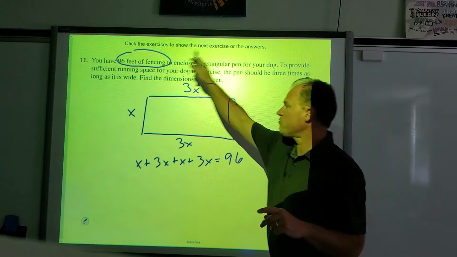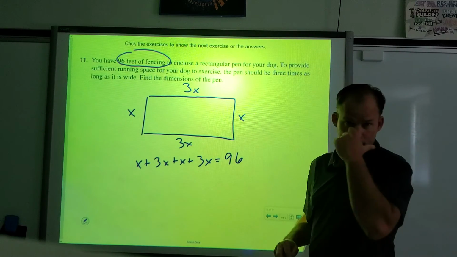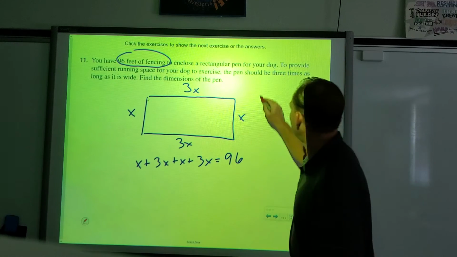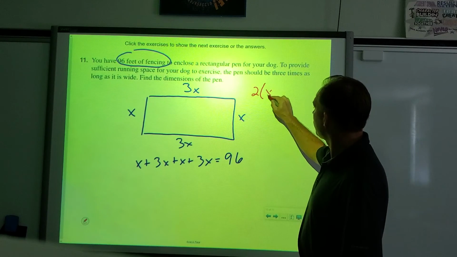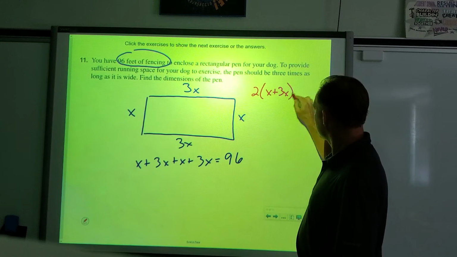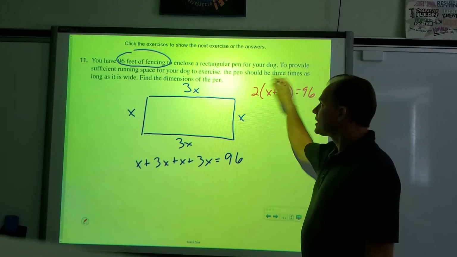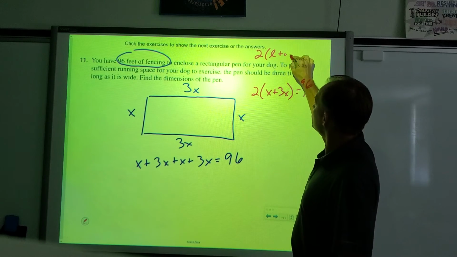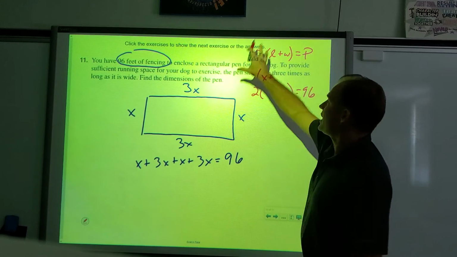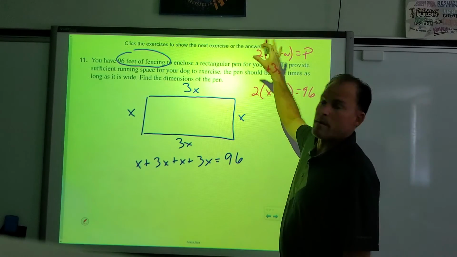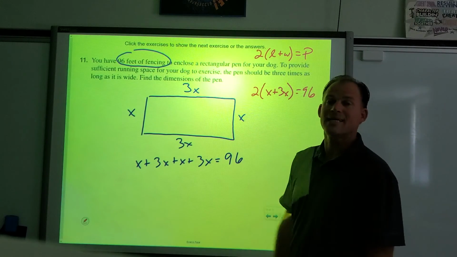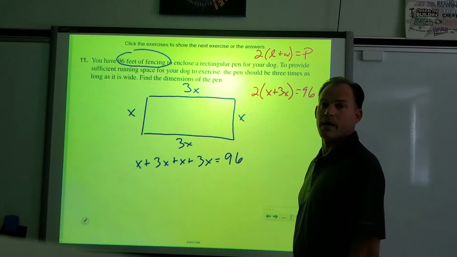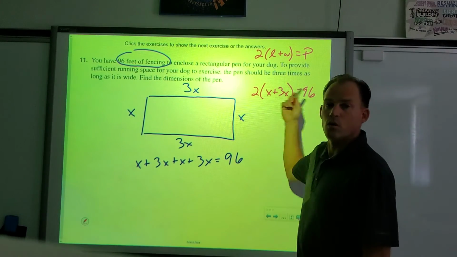The perimeter of my rectangle equals 96. Now, if you know the perimeter formula, by the way, you could always come with 2 times length plus width equals perimeter. That's the actual perimeter formula. If you remember that, you could do that. You'll get the exact same answer. A little distribution and solving, or just a bunch of combining like terms. Okay, either one will work.